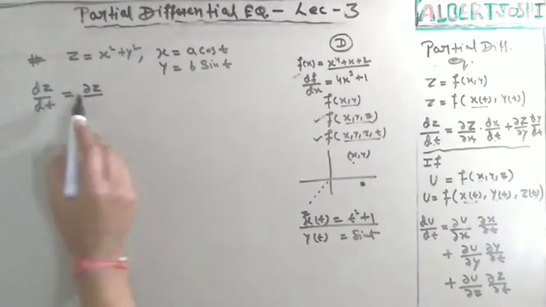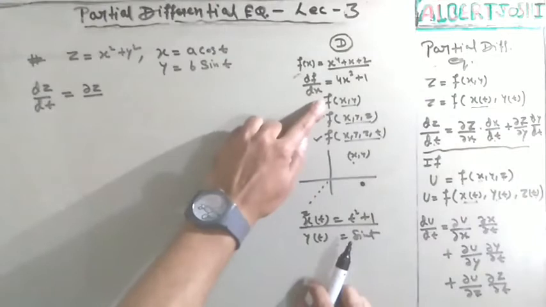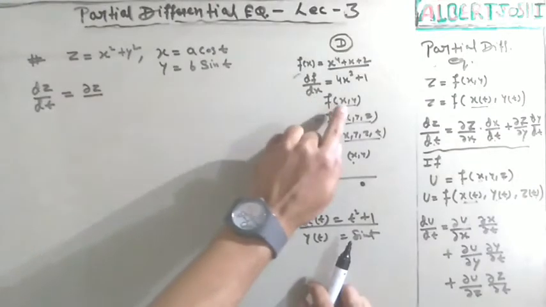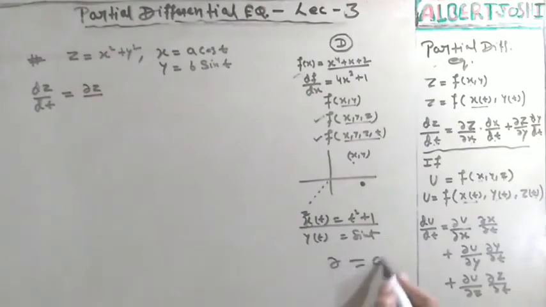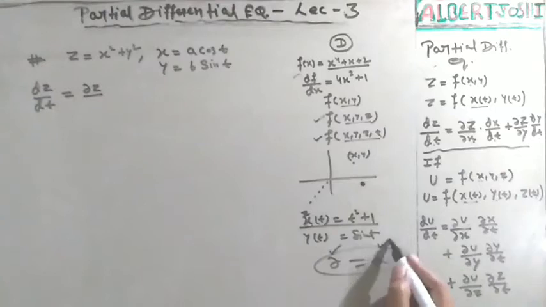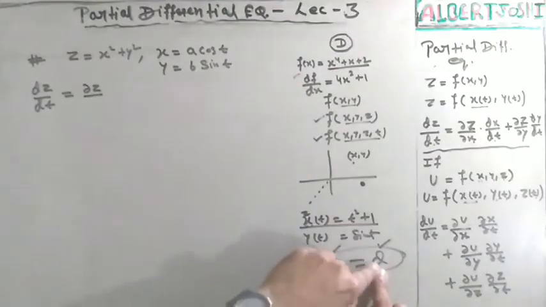At first, why are we using this symbol? Whenever you have a function with more than one variable, then you will use this d. This d and this d both behave the same, but the expression is different. Whenever you have a function with only one single variable, you will use this d.